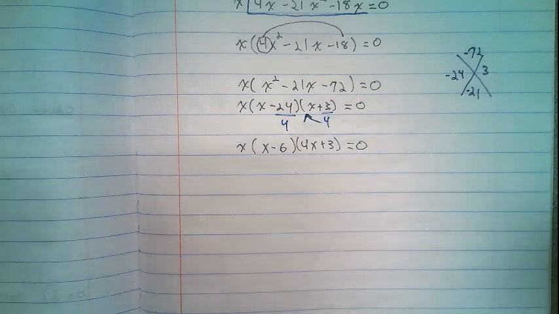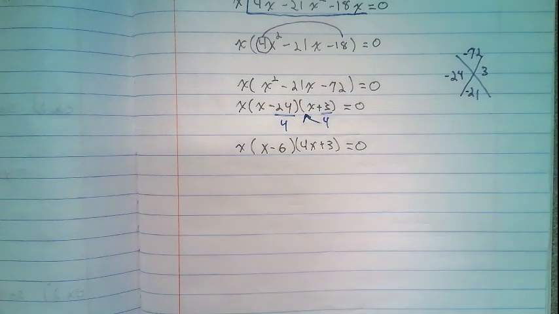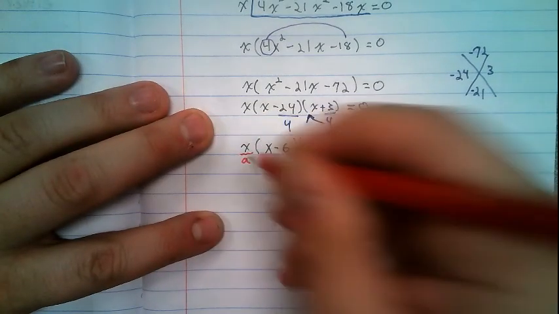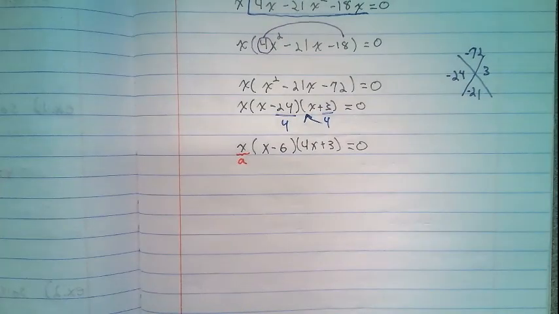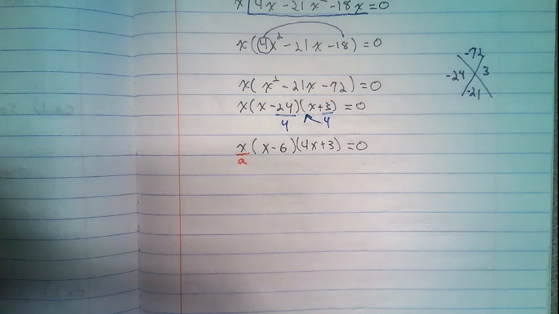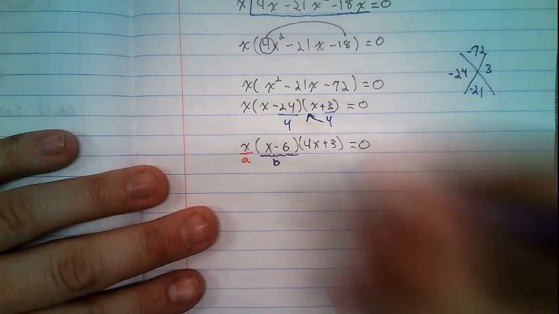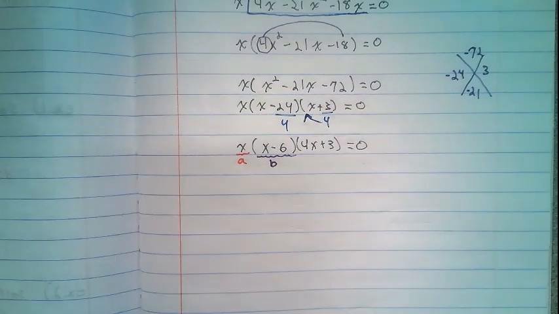And I'm going to use my zero product property now. I know that I can label this as A. I can label this as B. So it's A times B. But I have a new addition now.